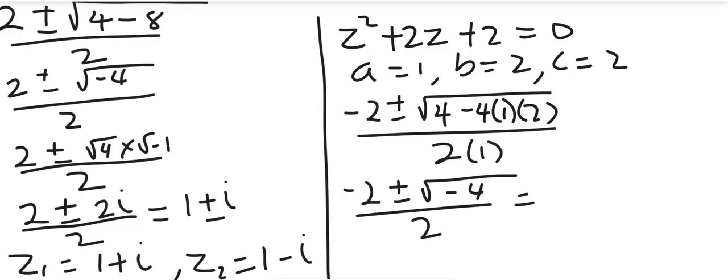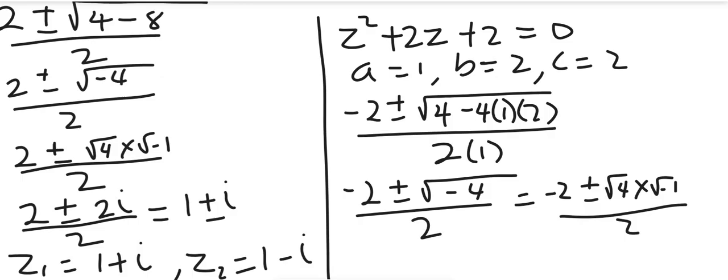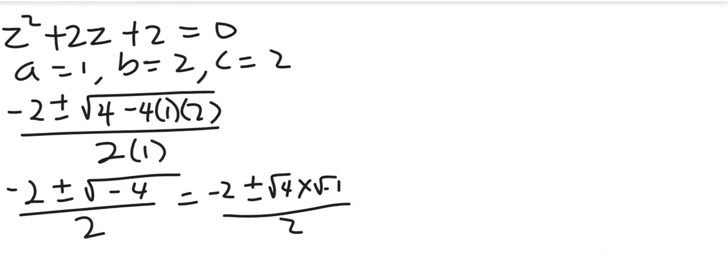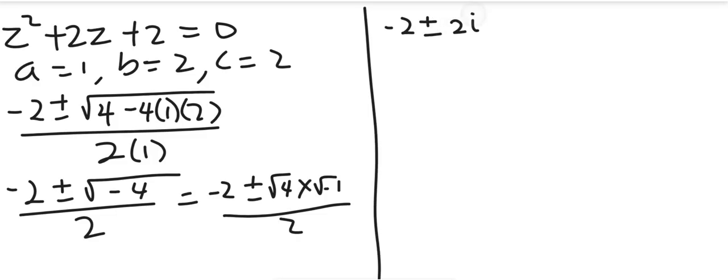So this is the same thing as saying minus 2 plus or minus square root of 4 times square root of negative 1, over 2. This gives us minus 2 plus or minus 2i divided by 2. So I have minus 1 plus or minus i.